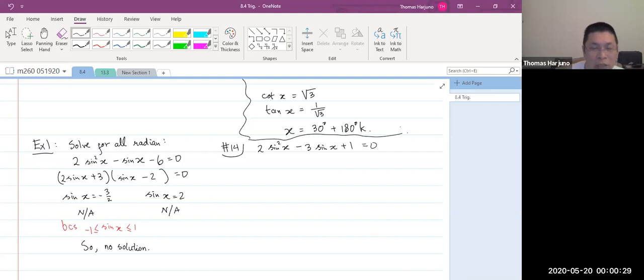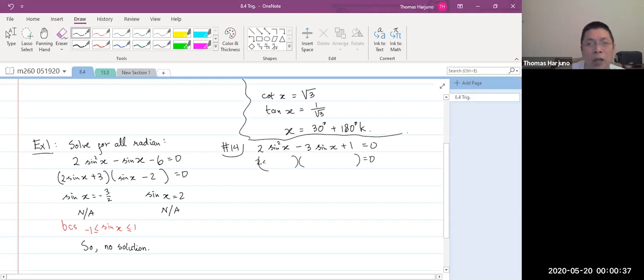But you still need to have all solutions. Now I factor this: 2 sine x minus 1 times sine x minus 1. So sine x equals 1/2, sine x equals 1. Is it right?